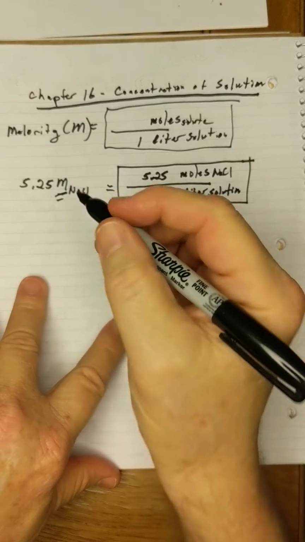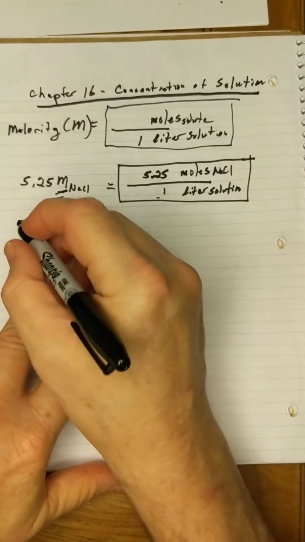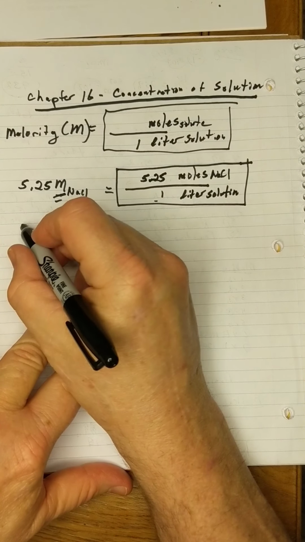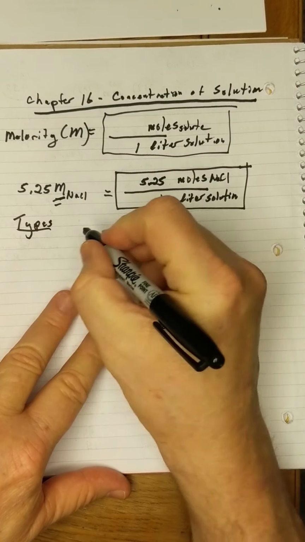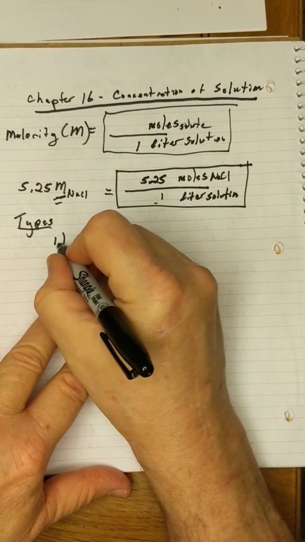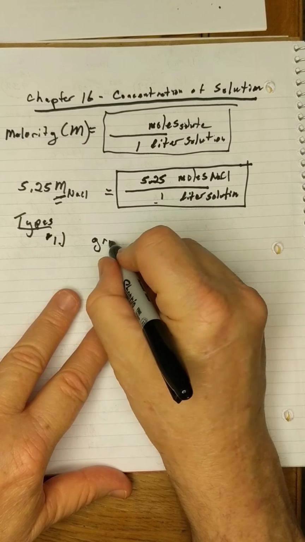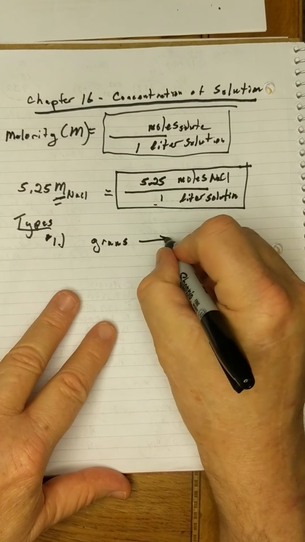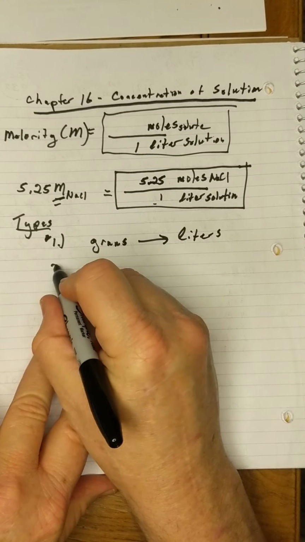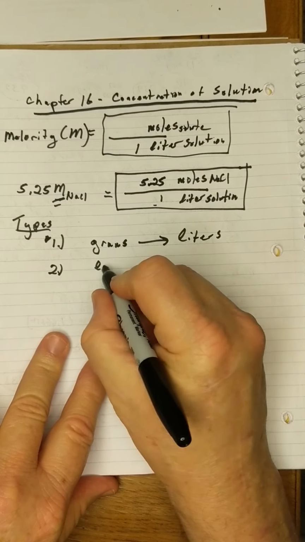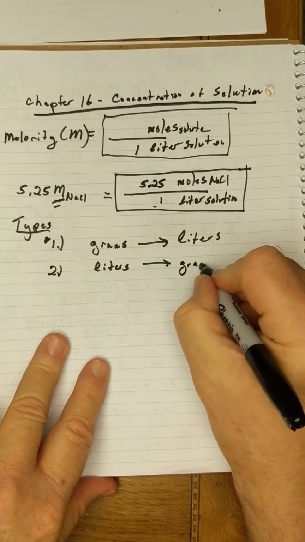Okay? And with that, there's 4 basic types of problems. Number 1 would be going from grams to liters. Number 2 type, you could be converting from liters to grams.